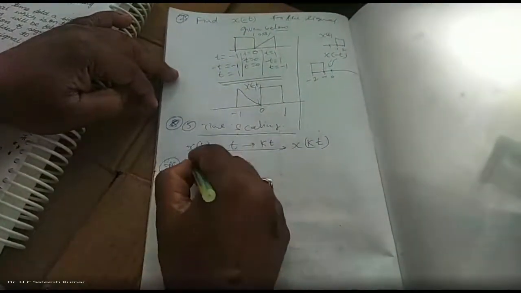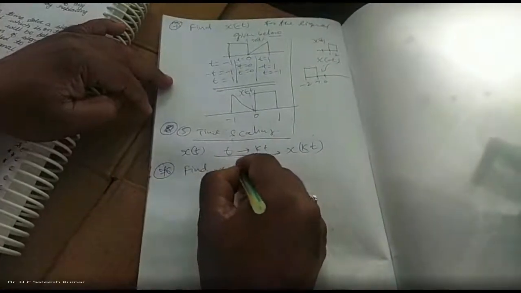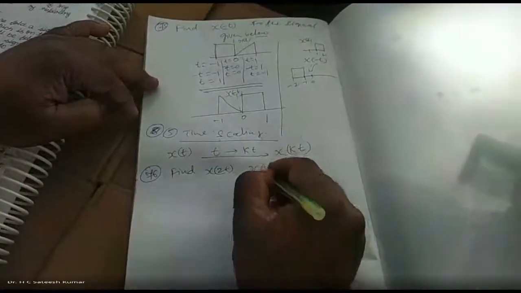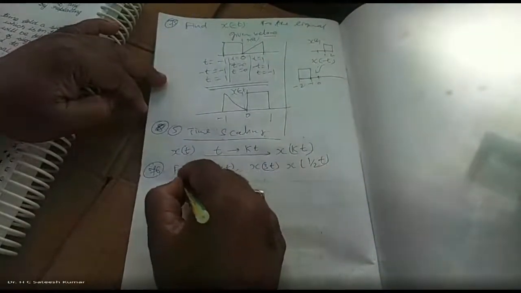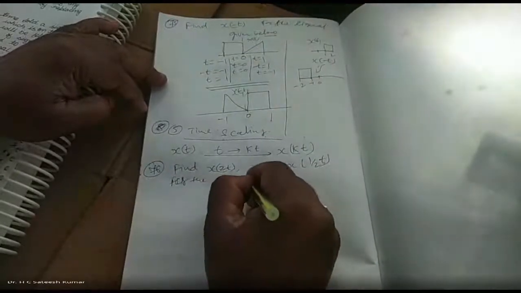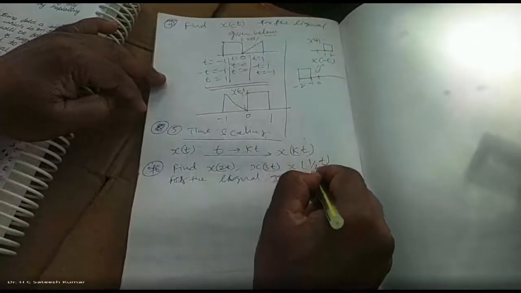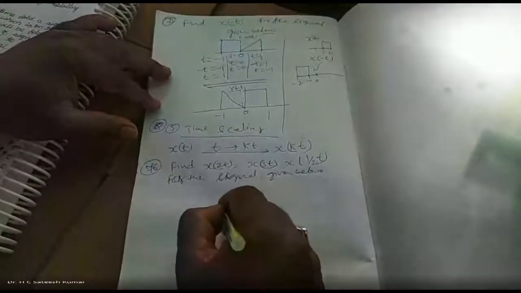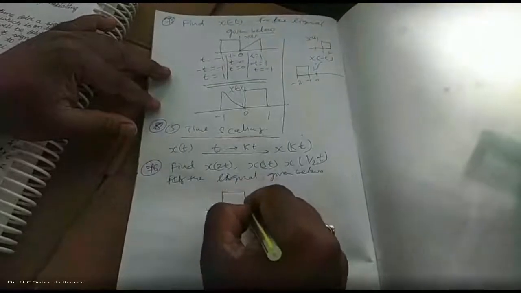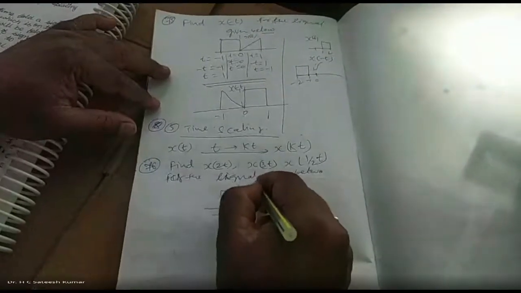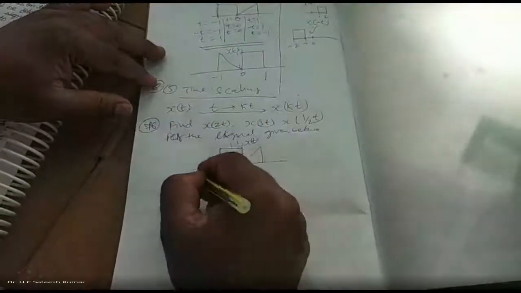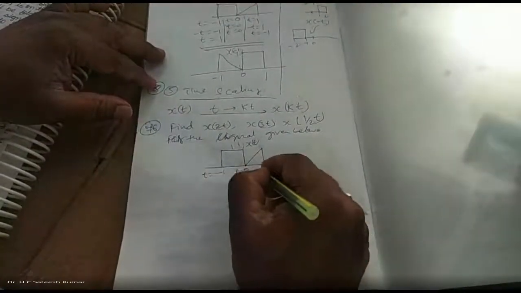Find x of 2t, x of 3t, and x of half t for the signal given below. Zero, 1, minus x of t. Okay, x of 2t.